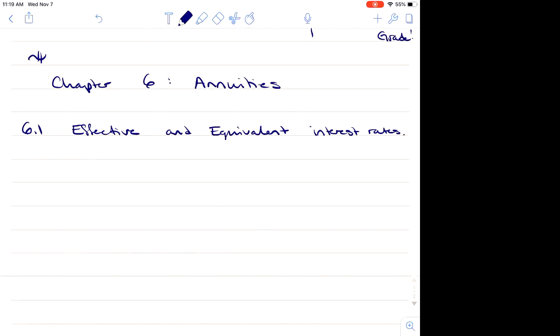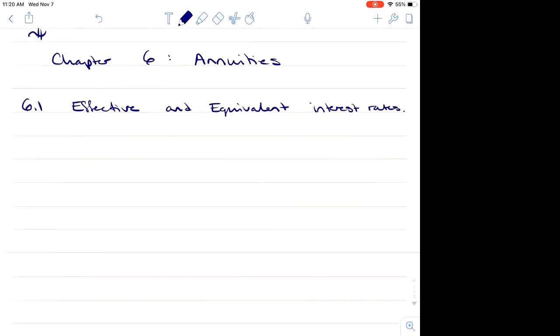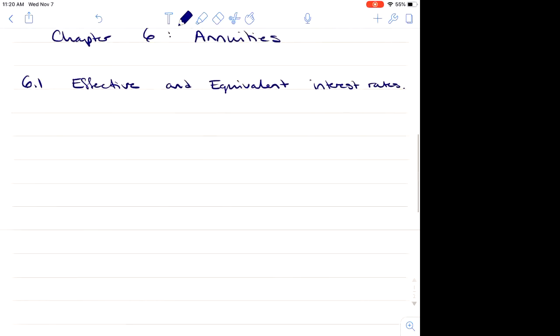So we've been given things like 4% compounded, let's make life easier, quarterly. Okay? So that we can convert it to an effective rate, and that's the annually compounded rate that would be equivalent. Okay? So the effective rate is always the annually compounded rate.